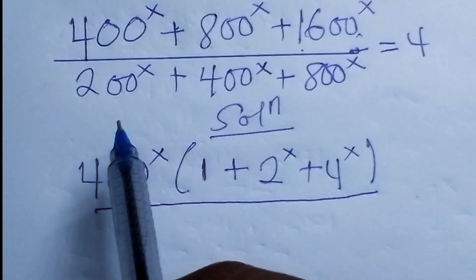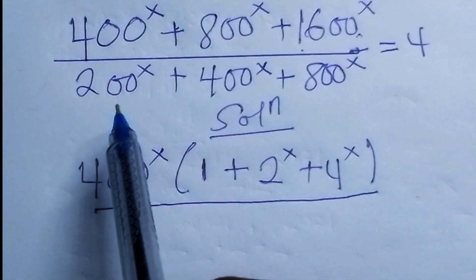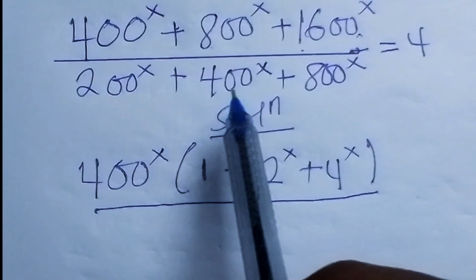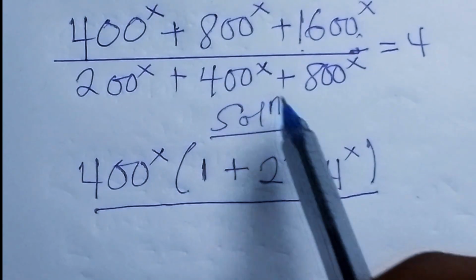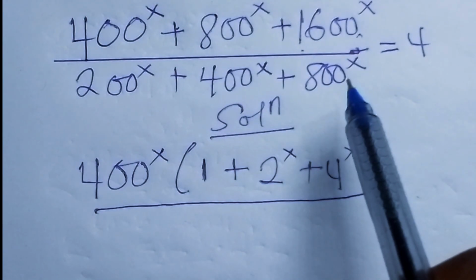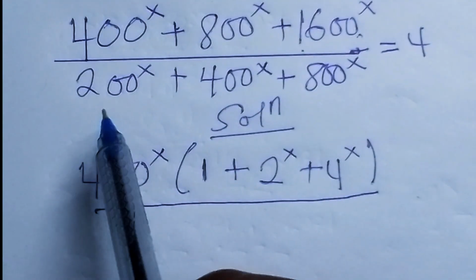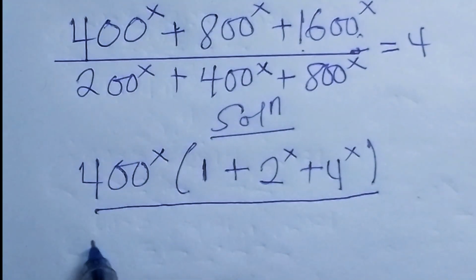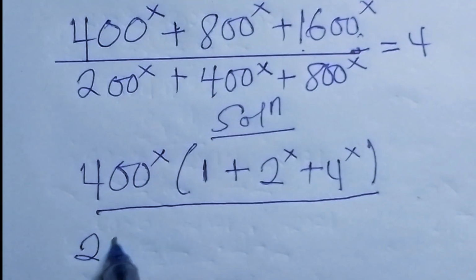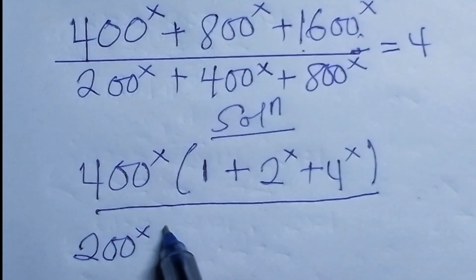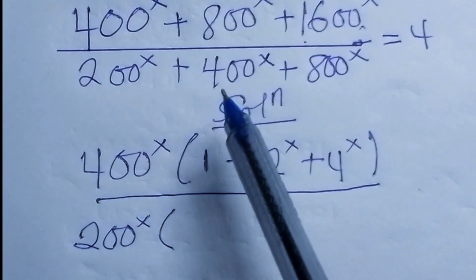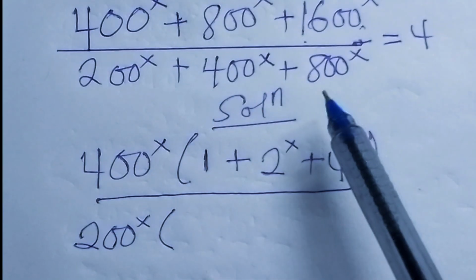Looking at the denominator of this expression, which is 200^x + 400^x + 800^x, we can also factor 200^x out. So we have 200^x into the bracket. The reason is 200 can go through 400 and can also go through 800.